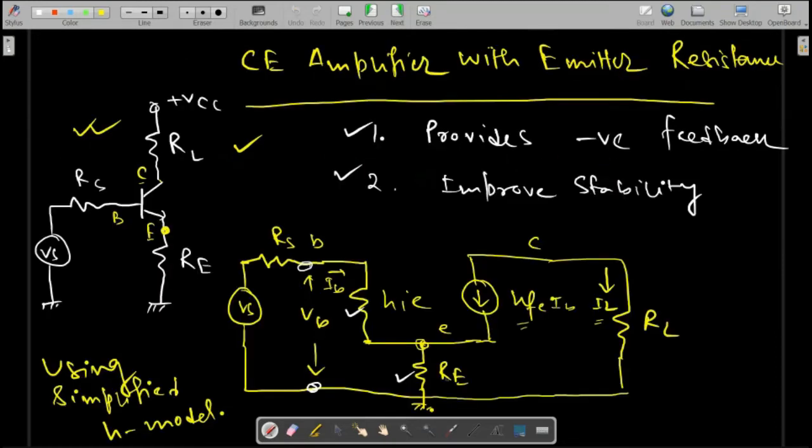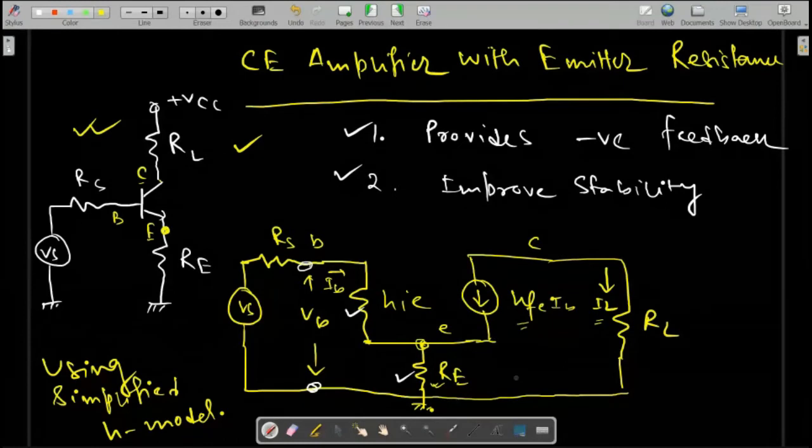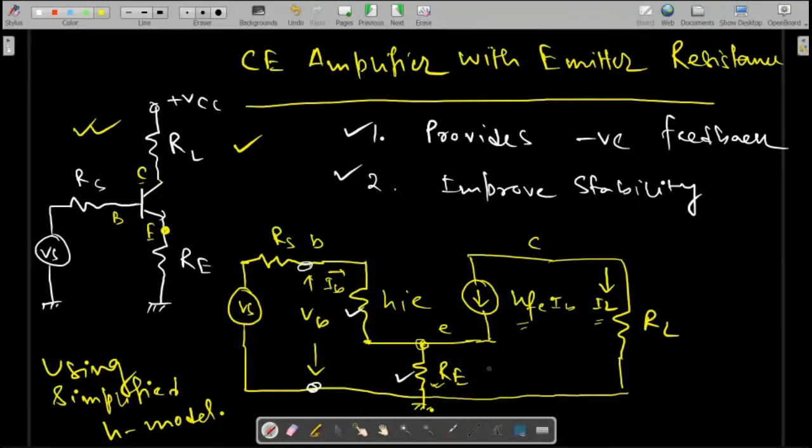the voltage drop across this resistance RE. What is the current? From this point IB is coming, and from this point HFE IB is coming. So the total current is (1 plus HFE) IB.